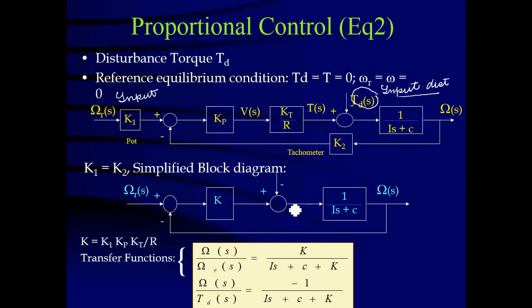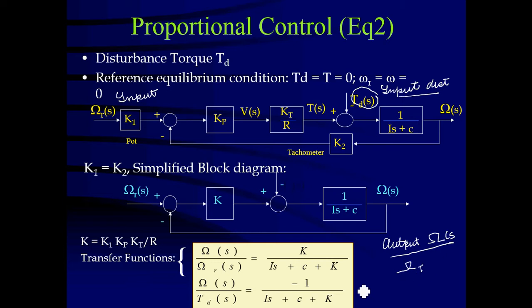When you obtain the transfer function, remember it relates one output to one input. So this relates the output, omega of s, in relationship to the input torque, in this case, omega t.